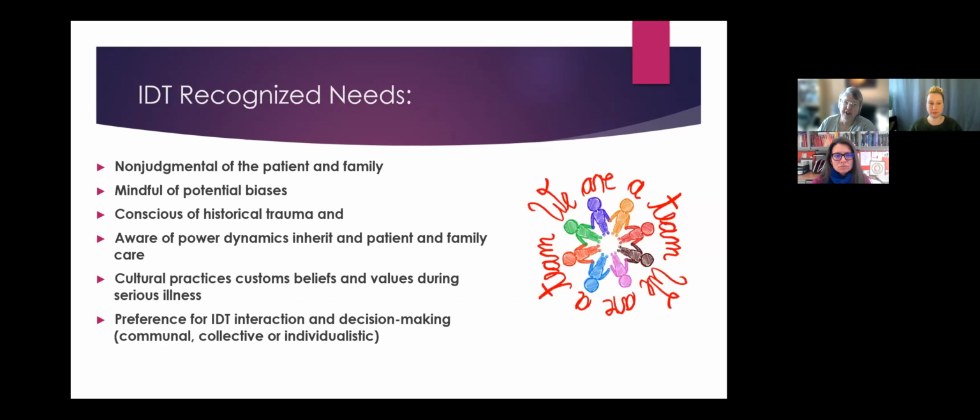So the interdisciplinary team needs to be non-judgmental, a big one right off the bat. And it's sometimes very hard because there are so many influences that could go along with it right now. We were talking at the beginning of this meeting about COVID and even our own beliefs about treatment for that, and vaccines and social distancing and masks and all of that.